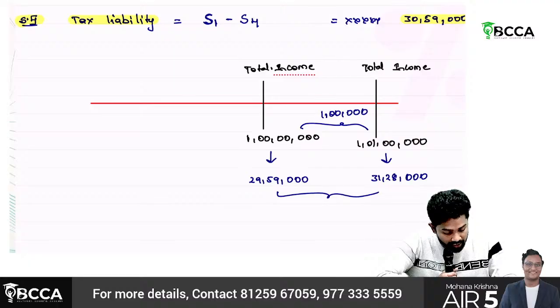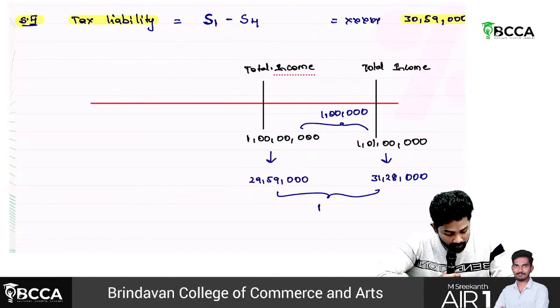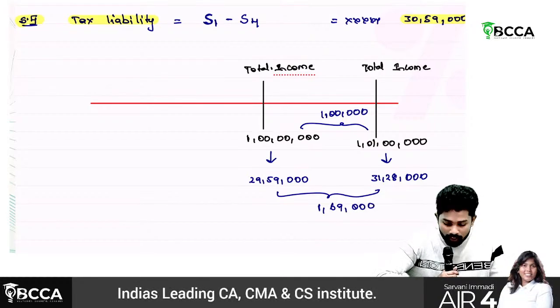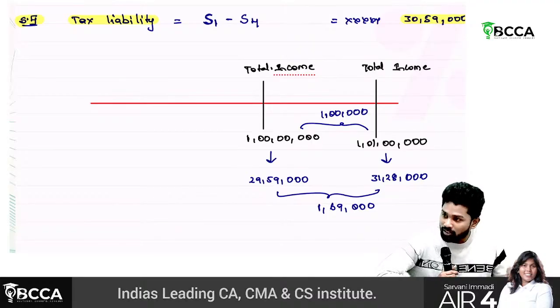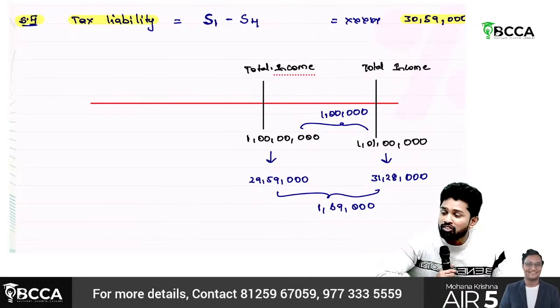But the extra tax Bhargav has to pay for earning 1 lakh extra is 1,69,000. Bhargav first thought he earned more than Raju and won the race.